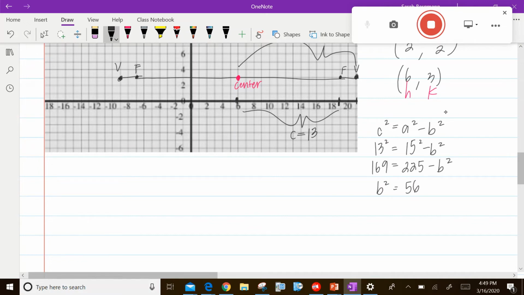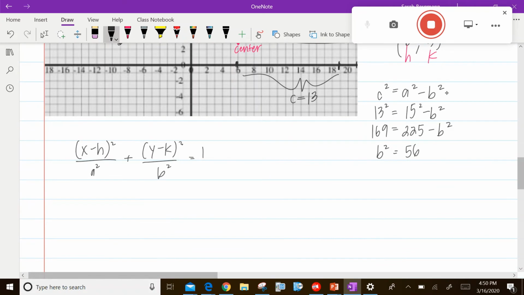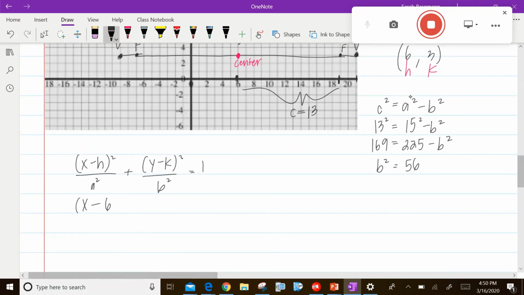All right, so I know I'm using a horizontal ellipse, so I'm filling in this equation, (x minus h) squared over a squared plus (y minus k) squared over b squared equals 1. Fill it in. I have (x minus 6) squared over 225.